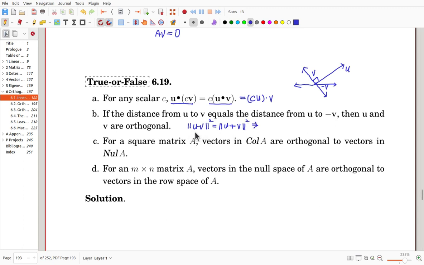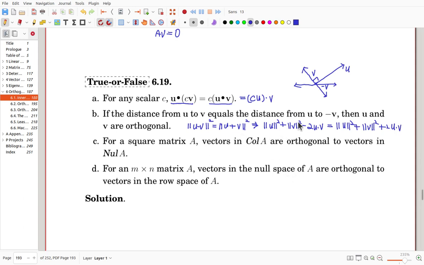From the left-hand side, if we expand, we get the norm of u squared plus the norm of v squared minus 2 u dot v. The right-hand side is similar: the norm of u squared plus the norm of v squared plus 2 u dot v.